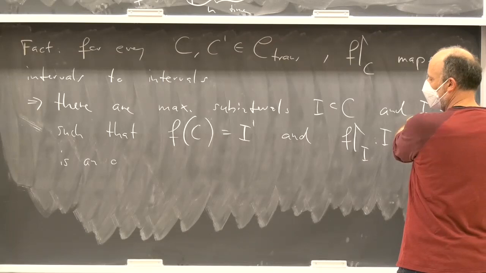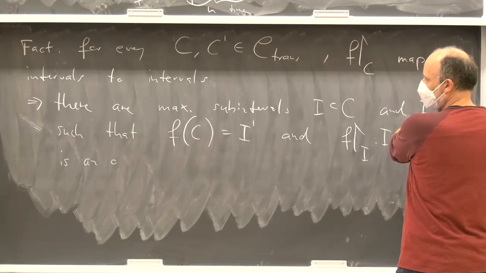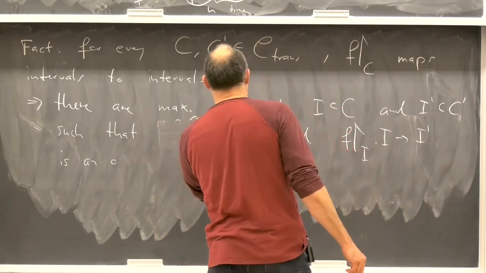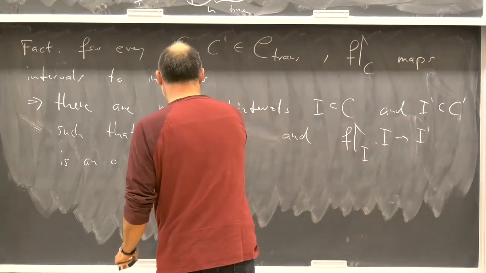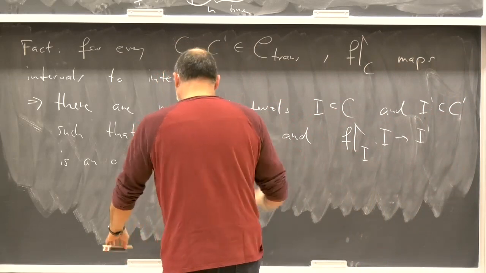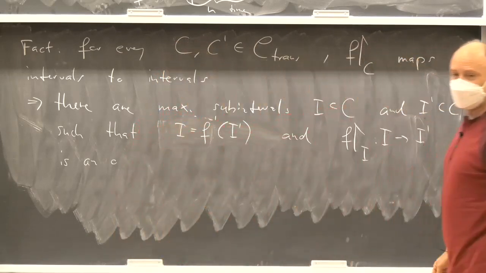If you wrote FC is I prime, that suggests that F maps all of C into C prime, which is not what you mean. Oh, I see what you mean. Yeah. Okay, sorry. Yes. There we go. Is that better?